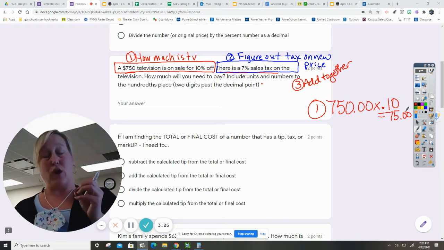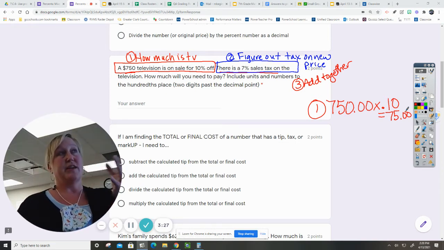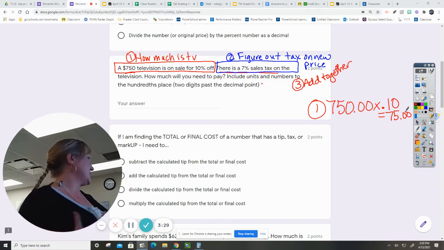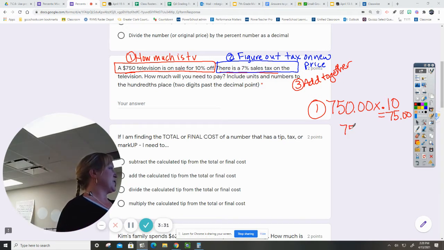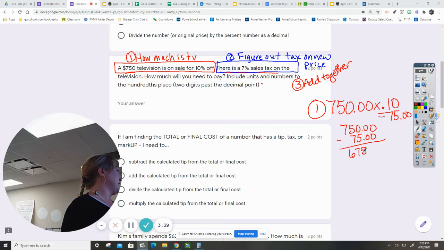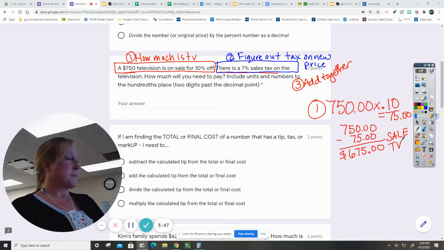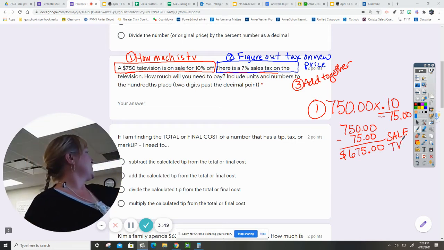That $75 is how much they're taking off the price. So I have to do $750, subtract the $75. I get $675 is the sale price of the TV. Okay? All right, so now let's do step 2.